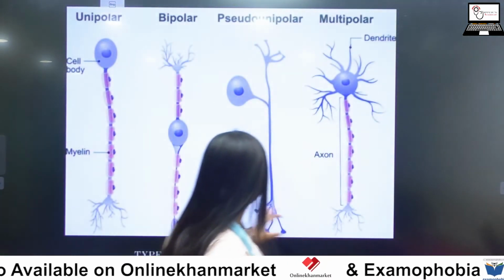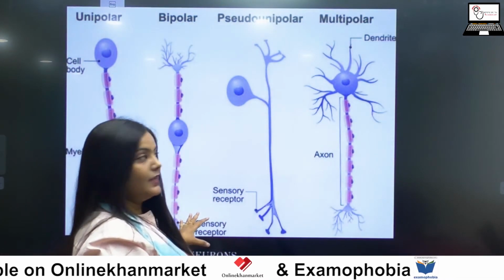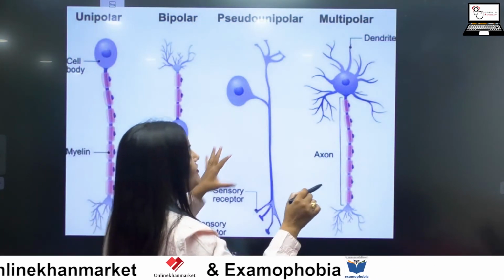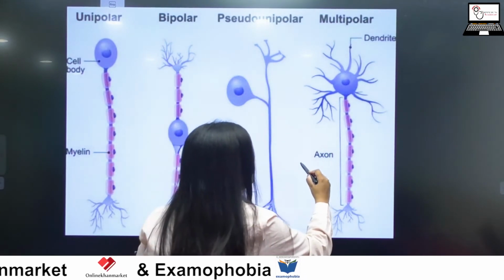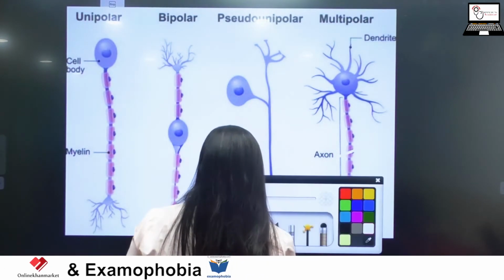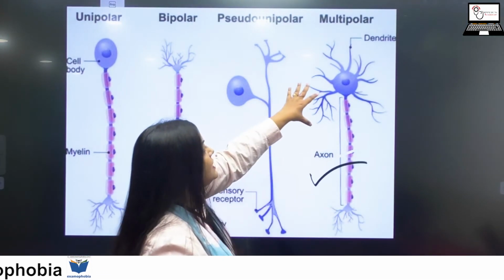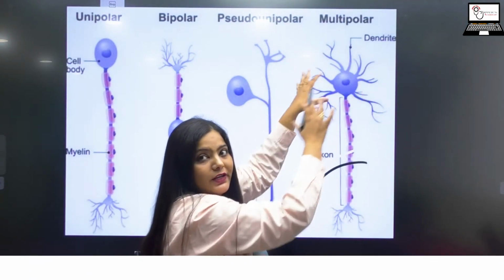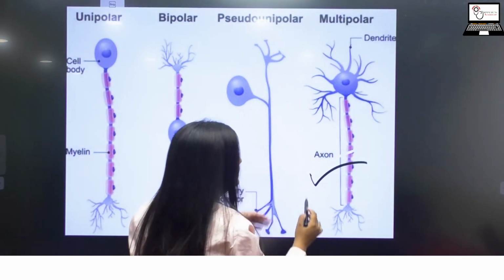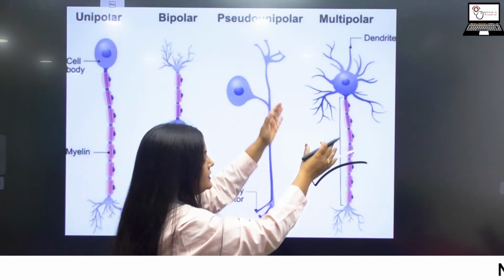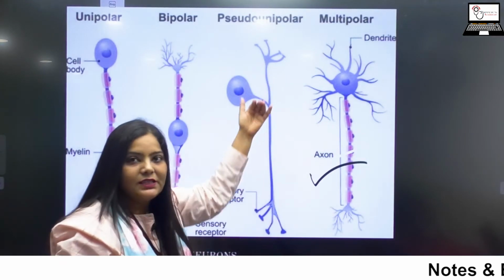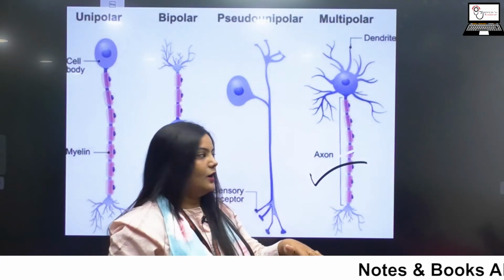Then you have noticed that there can be a number of neuron types. One famous type, given in your textbooks, is the multipolar neuron. What is a multipolar neuron? In a multipolar neuron, you can see a lot of dendrites and an axon. More dendrites are there, and the axon is also dividing. One end is receiving the signal, the other is taking out the signal.